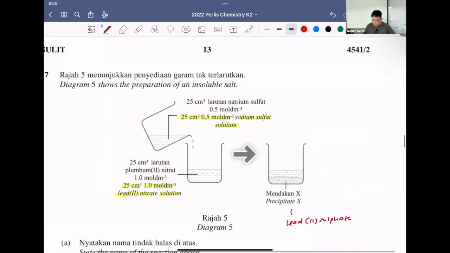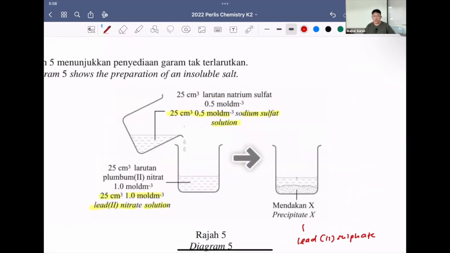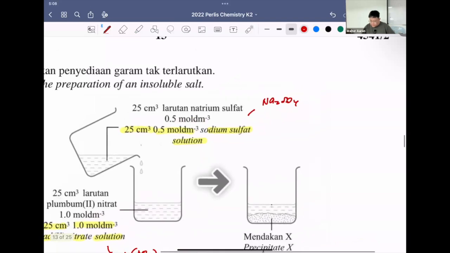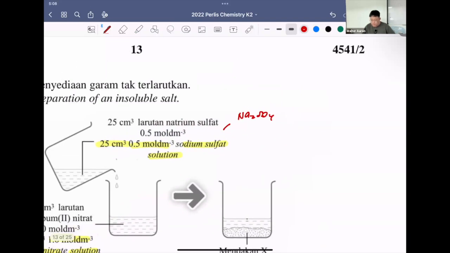You can see there are 2 different concentrations over here. If you want to know the concentration of sulfate, you must understand that the formula for this compound will be Na2SO4, and for this one here will be Pb(NO3)2. When sodium sulfate decomposes to form sodium ions and sulfate ions, you'll technically get 2 times sodium ions, and then 1 time the sulfate ion.